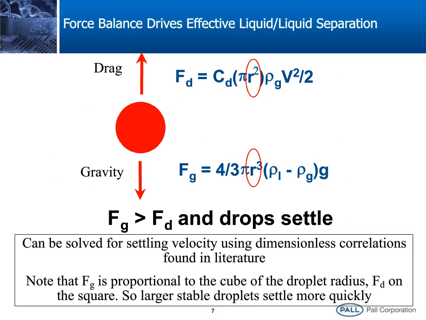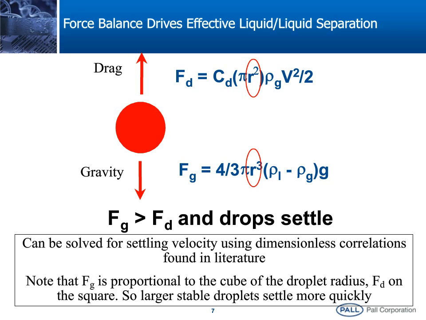On this slide, we can see the force balance at work driving effective liquid-liquid separation. In a typical housing, let's assume we're working with a water droplet, we have an upward drag of the continuous phase trying to get out of the housing. This is FD, and we can see that it is proportional to the square of the radius of the droplet.